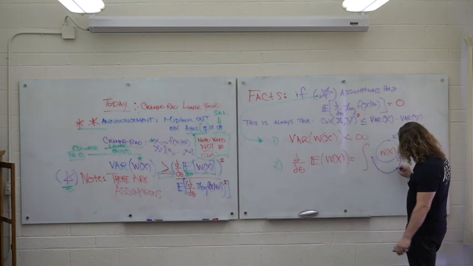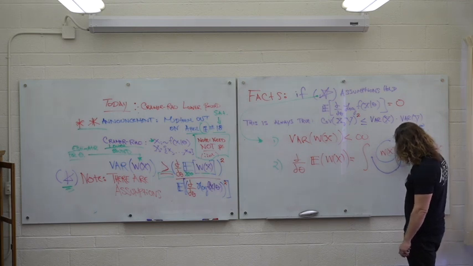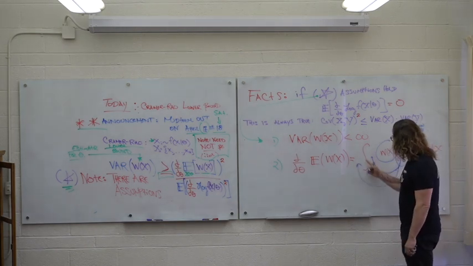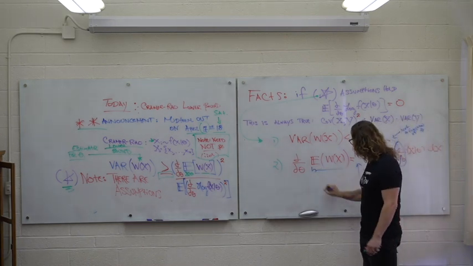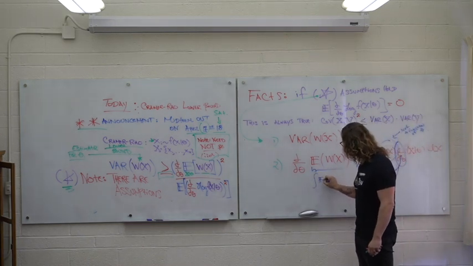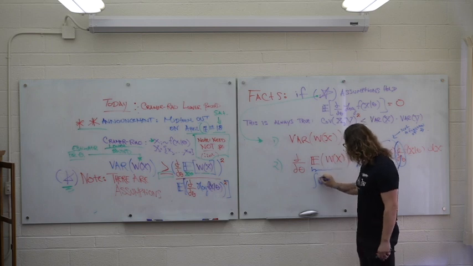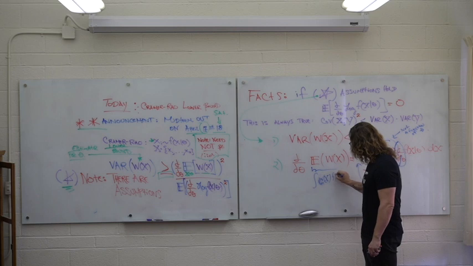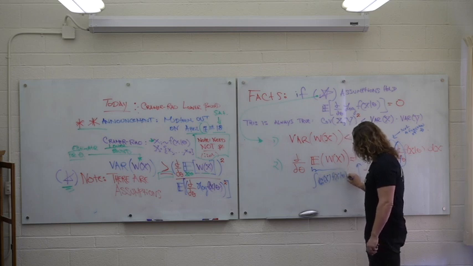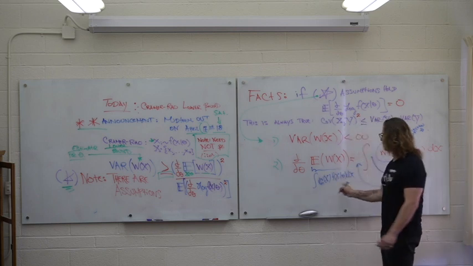So this is a statement about this derivative right here being able to swing around the integration. So if you just think about what this is, this expectation of W(x) is just the integral of W(x) f(x, theta) dx. That's what that thing is.